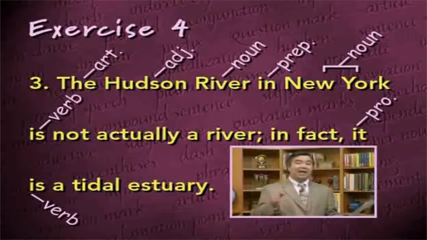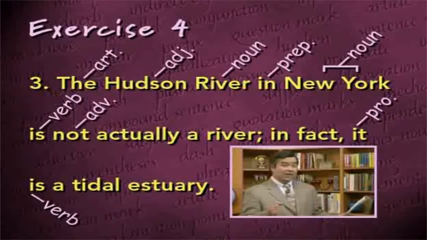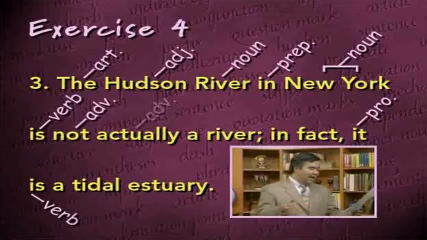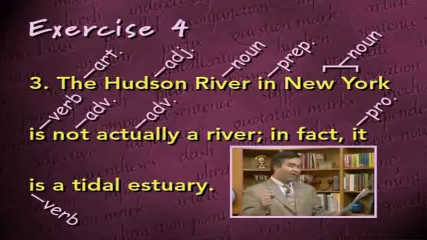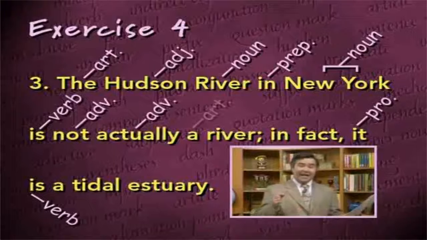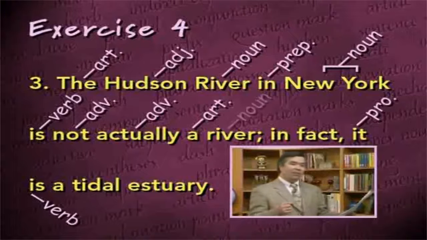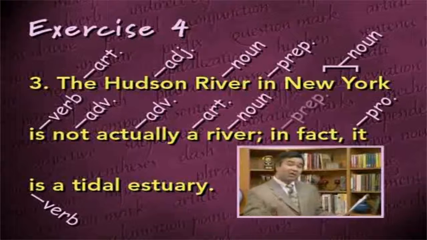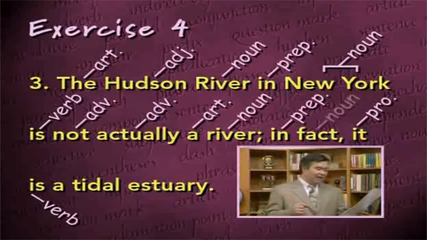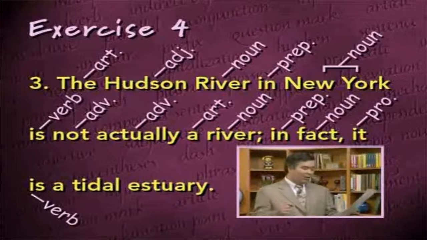We saw that not is one of the most common adverbs, and that's how it's being used here. And actually is another adverb, also modifying the verb is. A is, of course, an article, and river is a noun. Now we move into the second clause. In fact is a prepositional phrase. So in is the preposition, and fact is a noun. It is a pronoun.